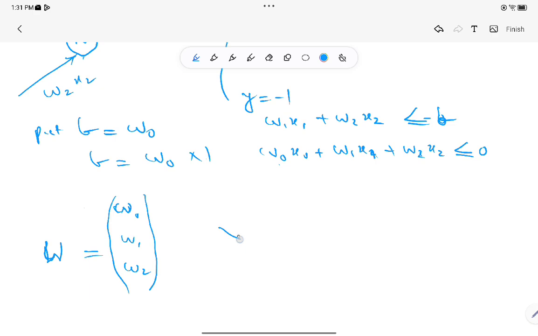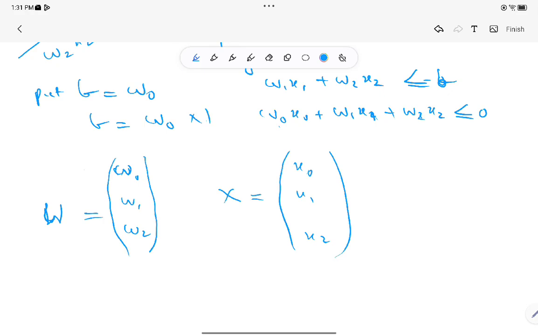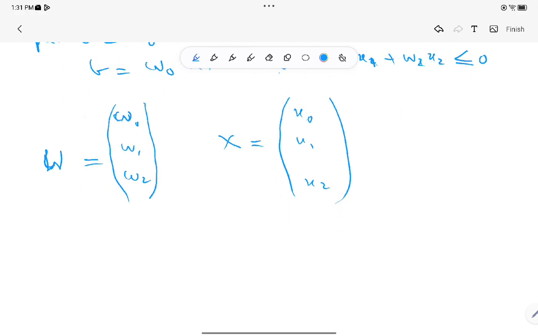So I have another vector, and if I take the dot product of these two, we show it like this, W dot x.